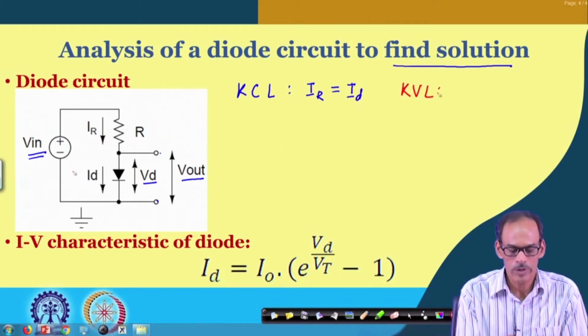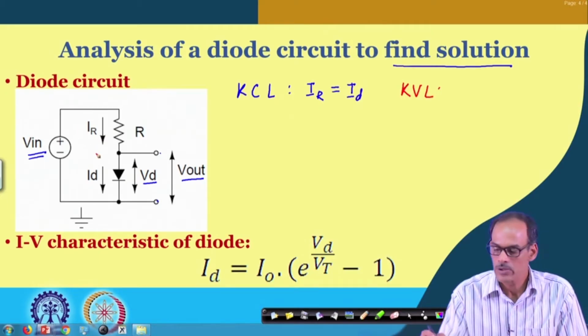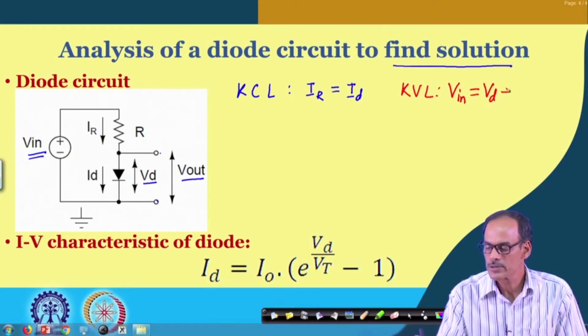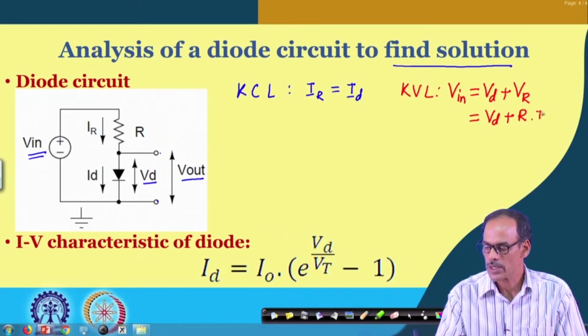In this circuit we have one loop here, so KVL gives us the equation V in equals V d plus the drop across this resistor. You may rearrange this equation in a different form, so that this is V d plus R into the current flowing through this resistor.